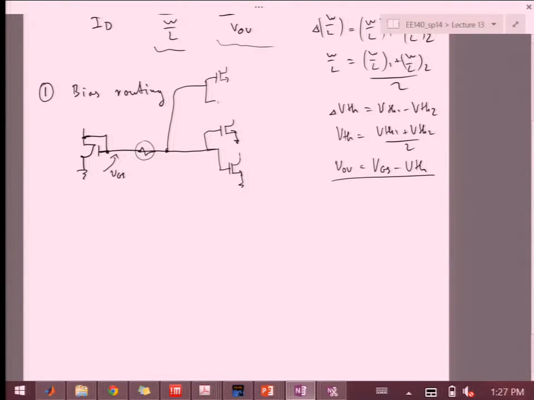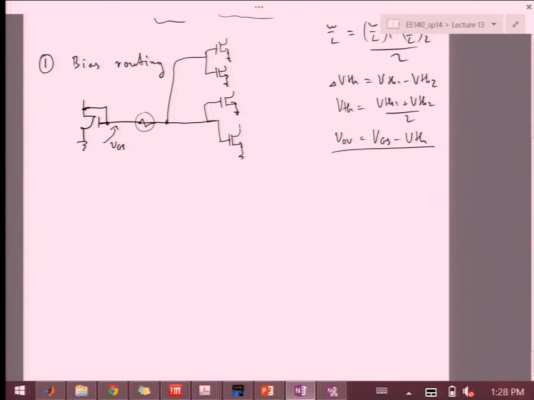But what's the problem with this scheme? Can anybody see? The comment is that the more traces you have, the more capacitance you're loading on this node, because there's more wire.